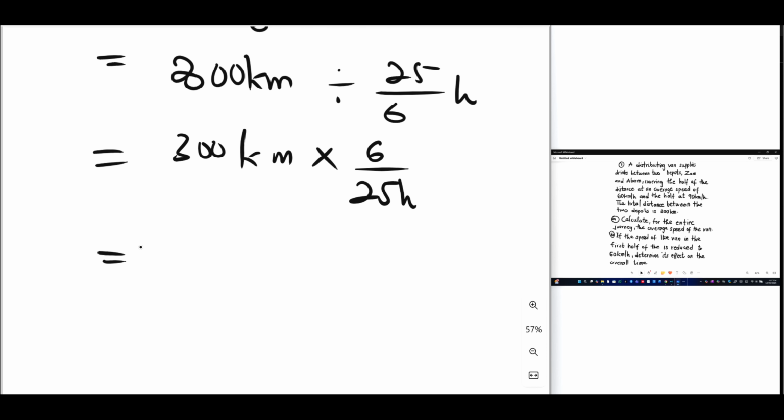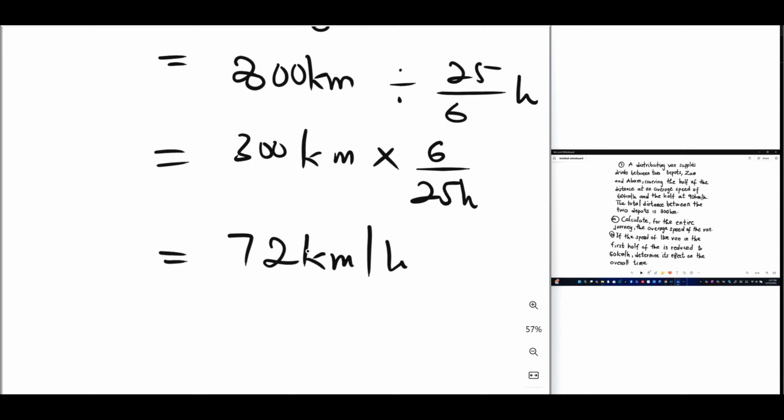So we are going to get 300 times 6 divided by 25, and the average speed becomes 72 kilometers per hour. So this becomes the average speed of the van in the entire journey.